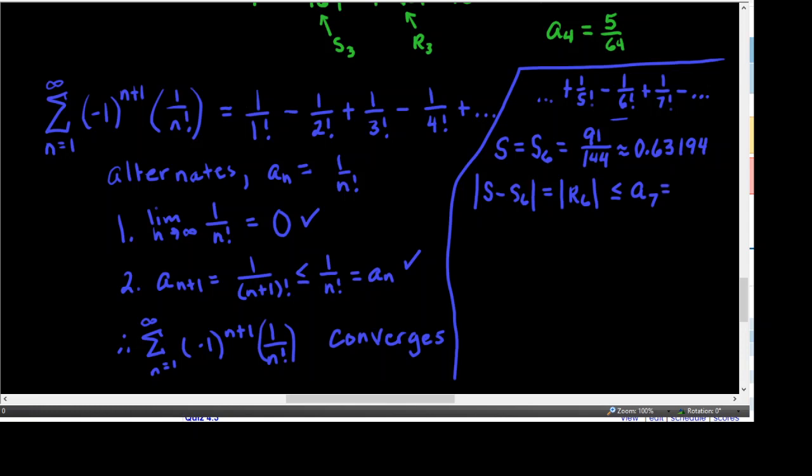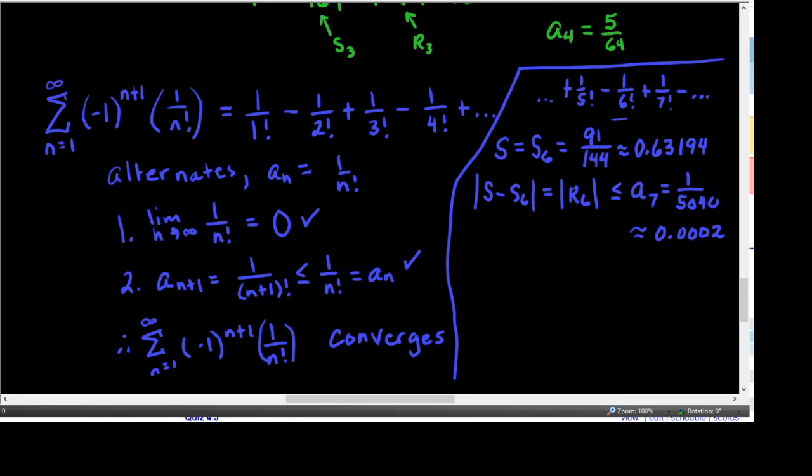That next term is 1 over 7 factorial, which calculates to be 1 over 5040, which is approximately 0.0002. So that means that the answer we got, 91 over 144, or its decimal form, is no more than 0.0002 off from the correct answer.